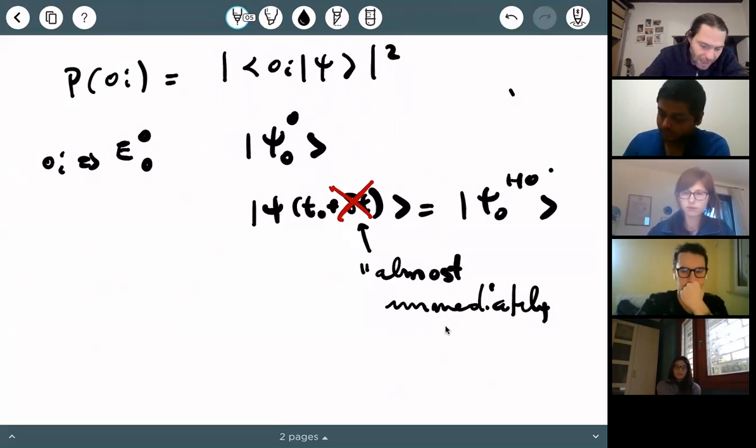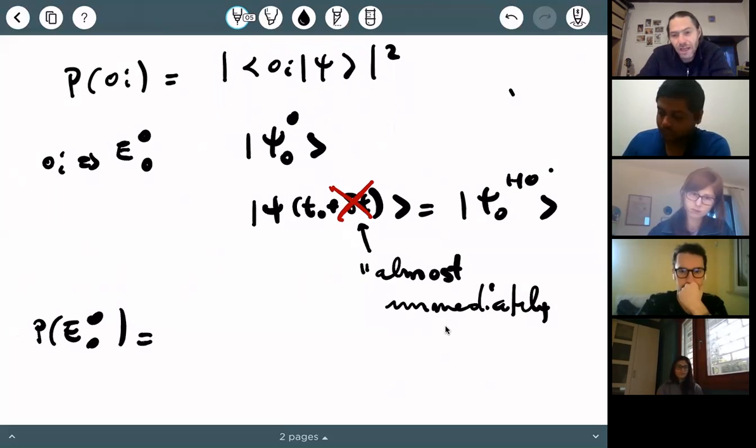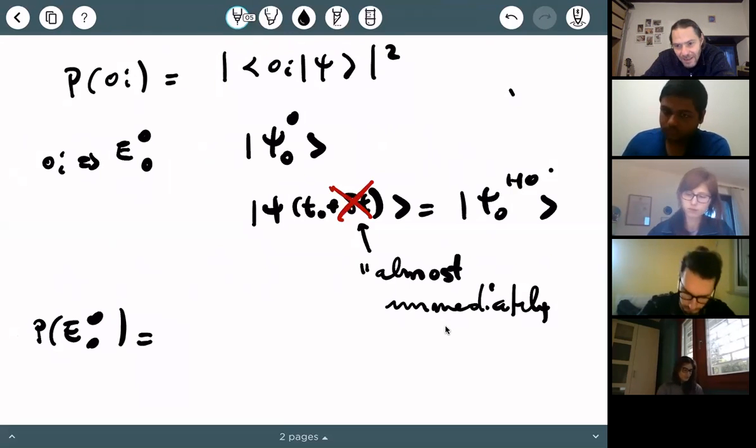So what should I compute to get this? You only have to apply the rule. Somebody tell me.